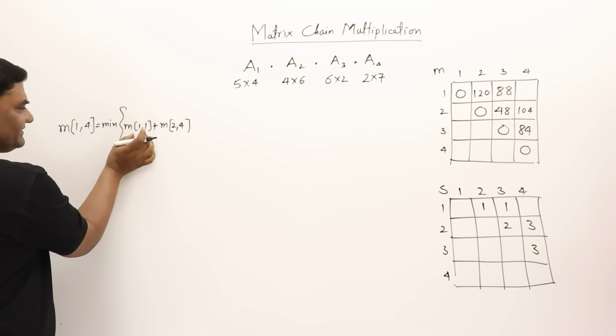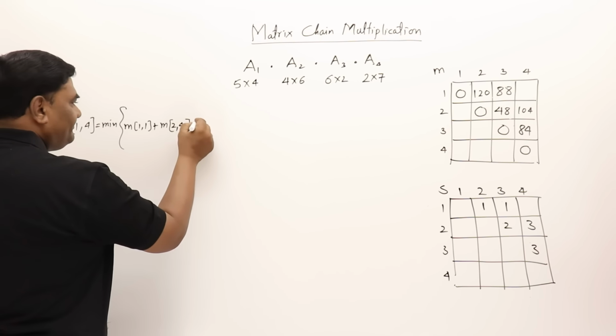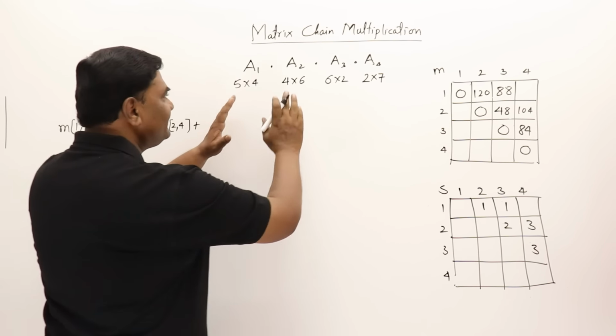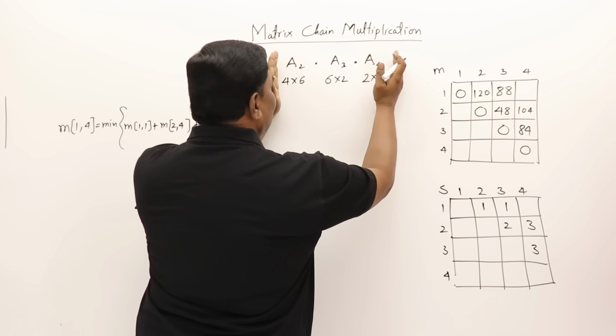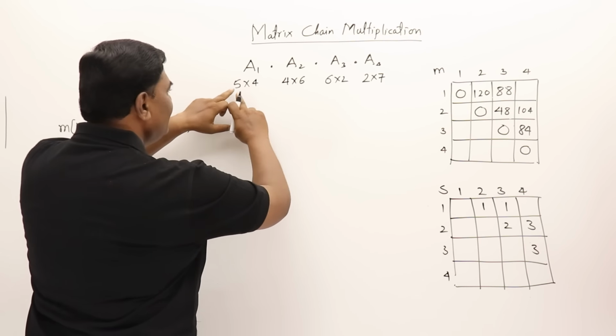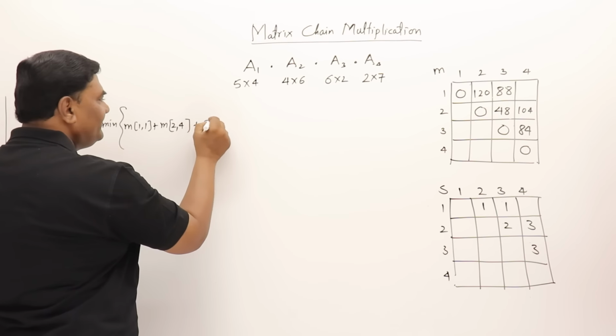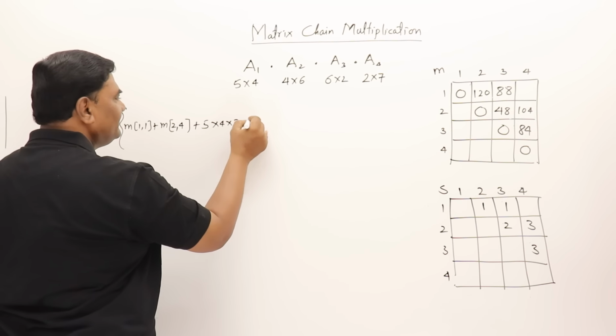See, 1 comma 1 this side, then 2 to 4 remaining, plus what will be the cost of multiplying them? From here I will see this is 1 and these are together 2 to 4. So this is 5 into 4 into 7.